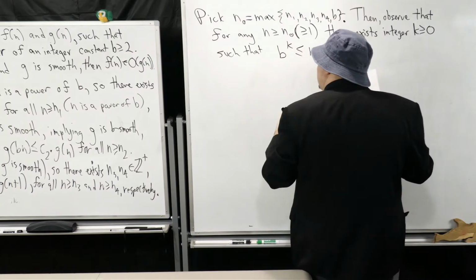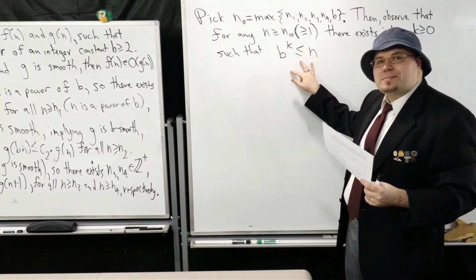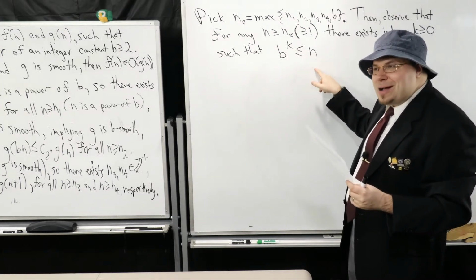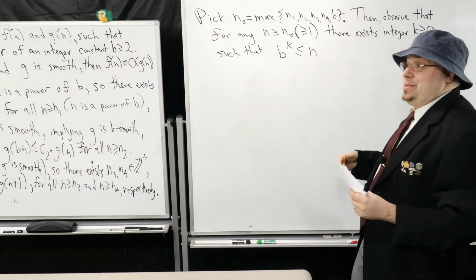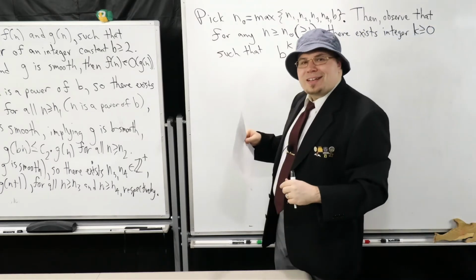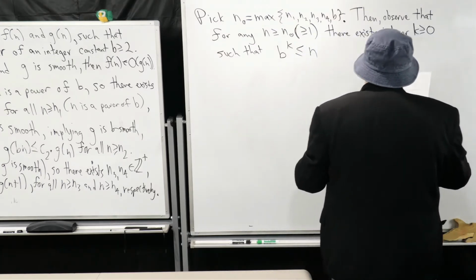So you might ask, Dan, where did this come from? Now imagine if n was in fact a power of b. You'd agree with me that I could write this as an equality, right? But it might not be the case that n is in fact a power of b. So it might be slightly smaller, or it might be closer to the next highest power of b.